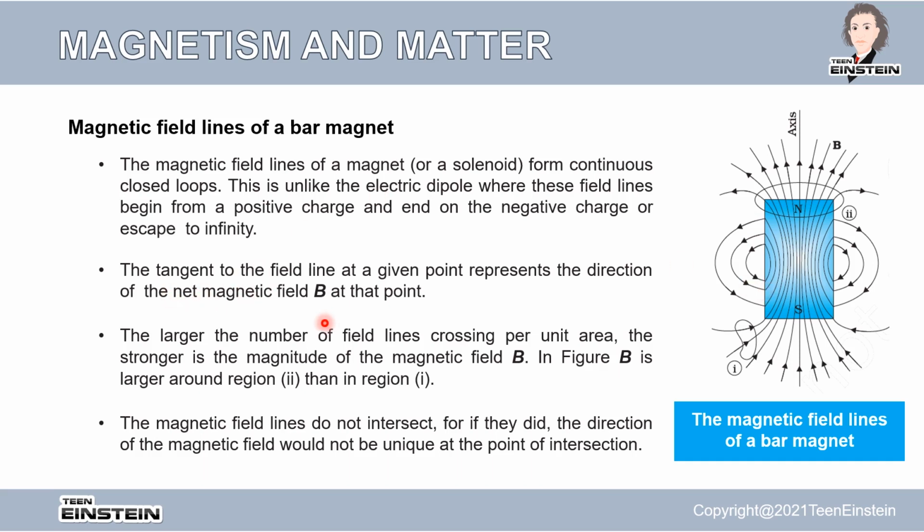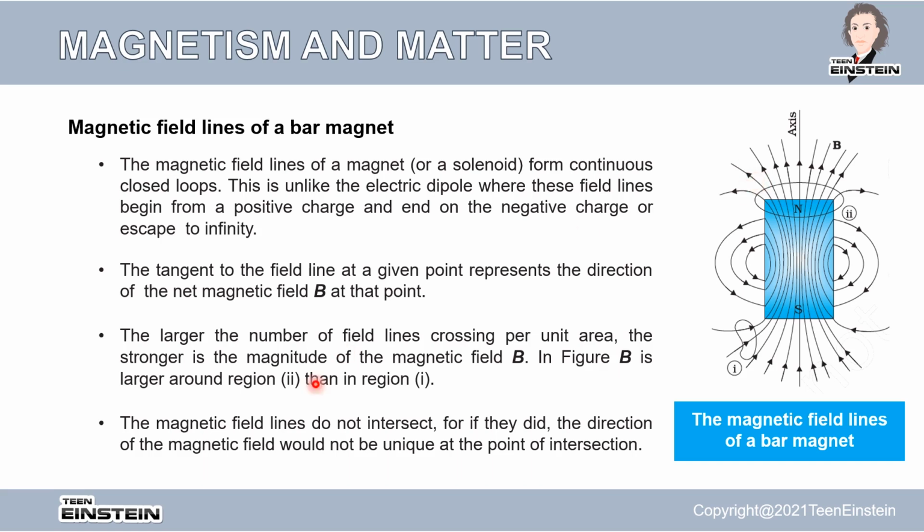Now, the tangent to the field line at a given point represents the direction of the net magnetic field B at that point. So this is similar to the electric field. So if you have a field line here, if at this particular point you draw a tangent, that tangent will tell you the direction of the magnetic field at that particular point.